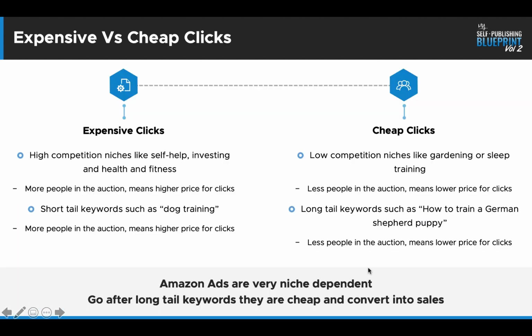We go back to that dog training example. If we're ranking for dog training, yeah, we could be the number one book ranking for dog training. But if our book's only about German Shepherds, how many German Shepherd owners are we getting out of 1,000 or 10,000 clicks for dog training?